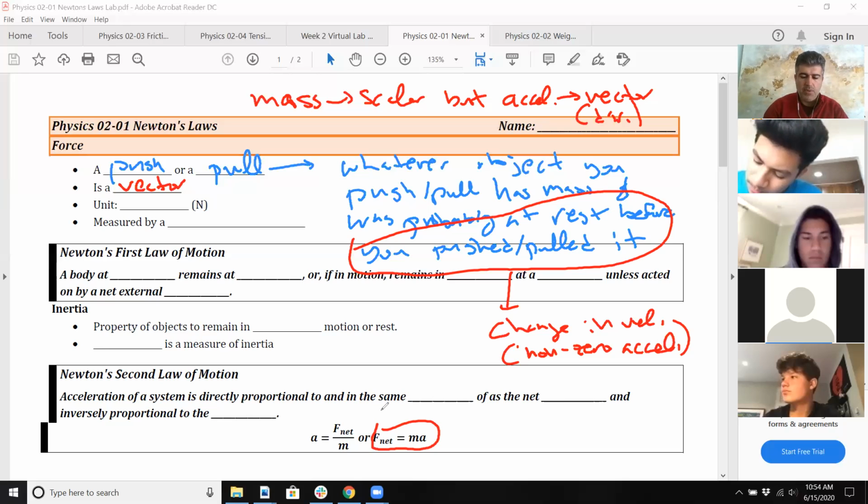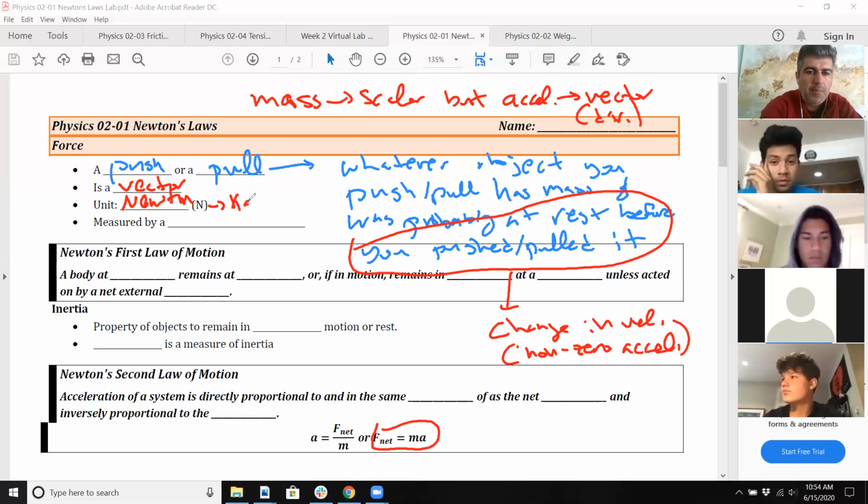The unit we use is called a Newton, which obviously is named after the father of physics and his laws. And a Newton, just so you know, is a kilogram times meters per second squared.